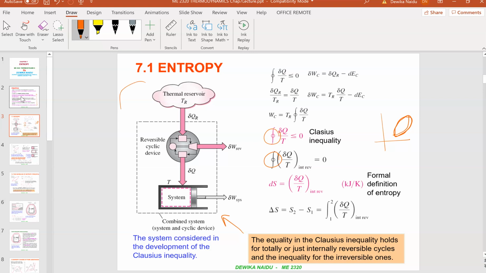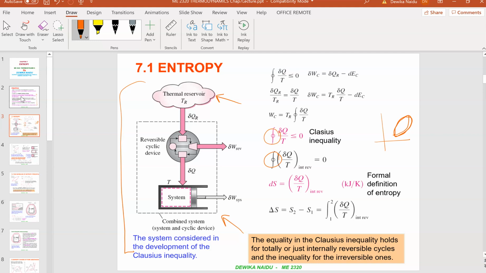Okay. Now this whole diagram here demonstrates the validity of the Clausius inequality. So first, you consider a system connected to the thermal energy reservoir at a constant thermodynamic temperature, here, and then through a reversible cyclic device.